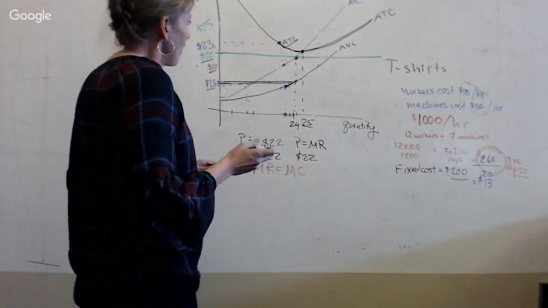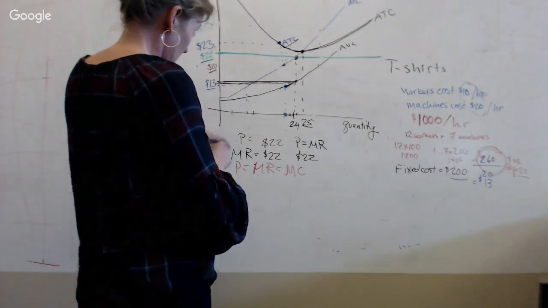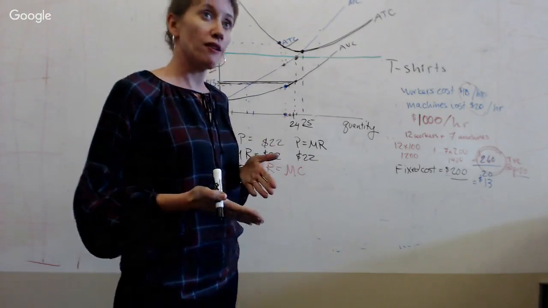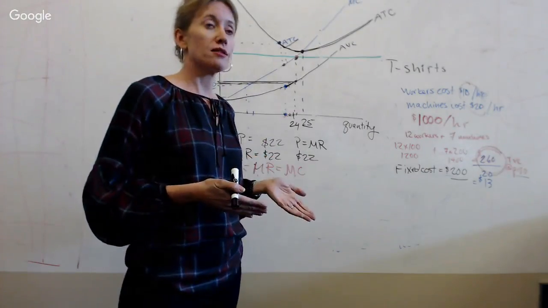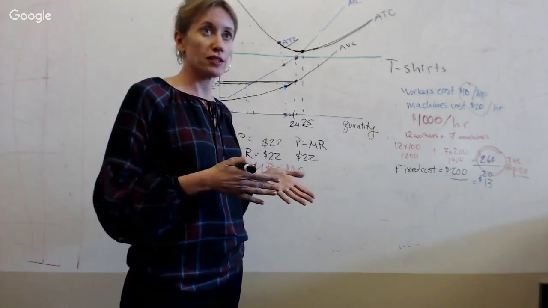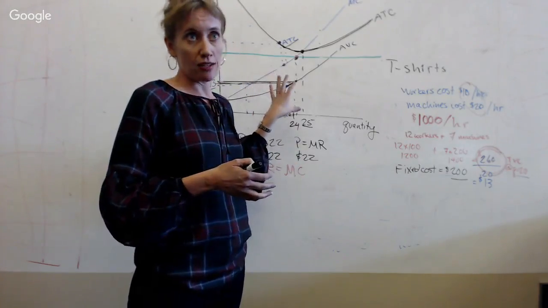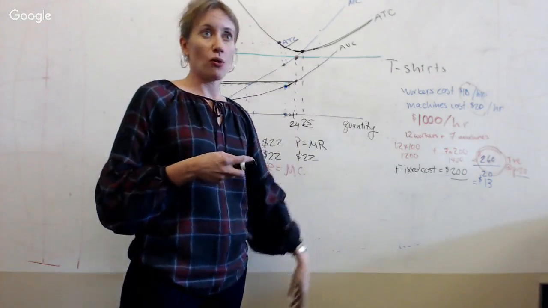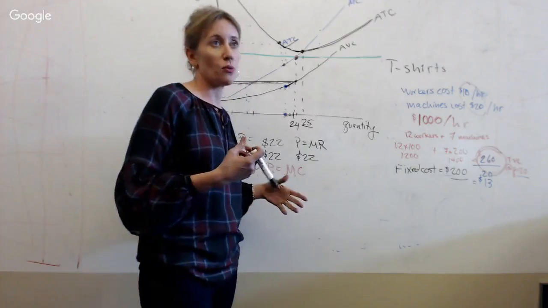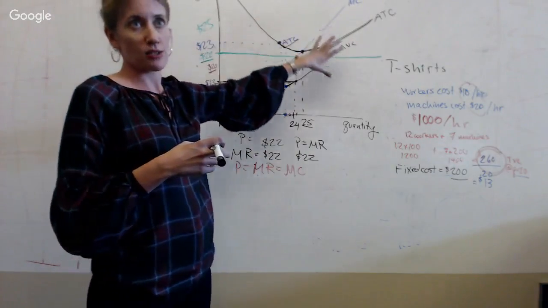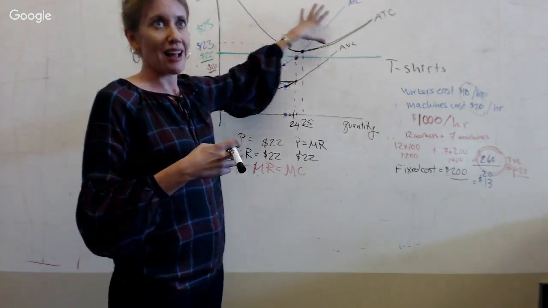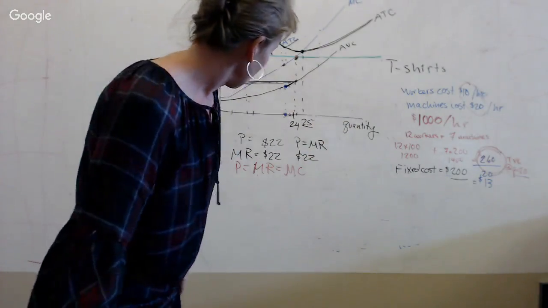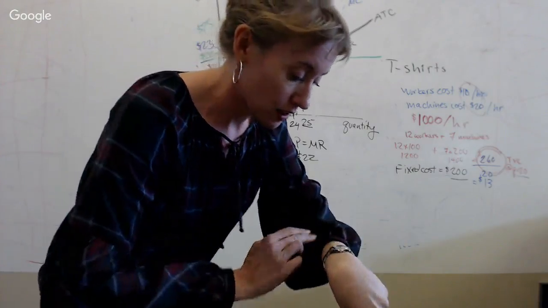So if we look at this graph right here, we can represent our total revenue, our total costs, total profits, total fixed costs in areas on this graph. So if we had a system of equations, we could calculate the same thing. One of the things that's great about microeconomics is we can display an awful lot of information in this picture right here. So let's first calculate total revenue.